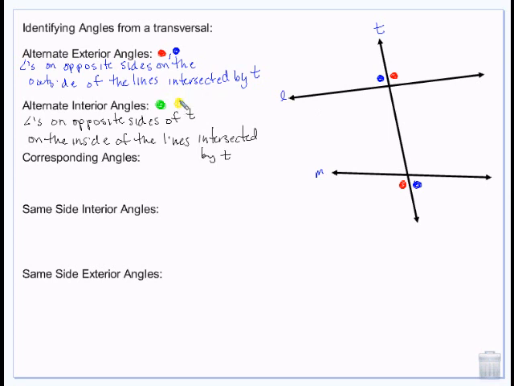Can you see the yellow okay? So these are on the inside of the lines intersected by T, but they're on opposite sides of T. So they're on opposite sides of the transversal on the inside. So the two green ones make up a pair of alternate interior angles, and the two yellow ones make up a pair of alternate interior angles.